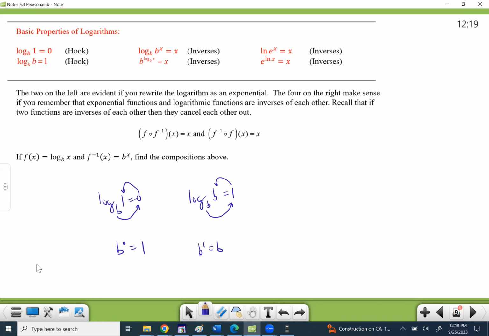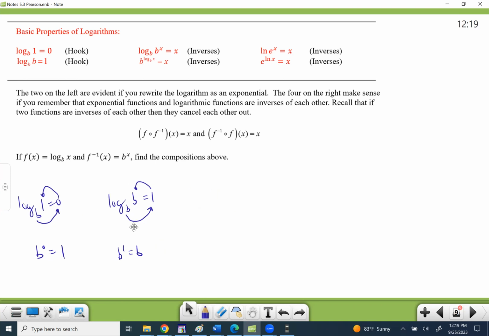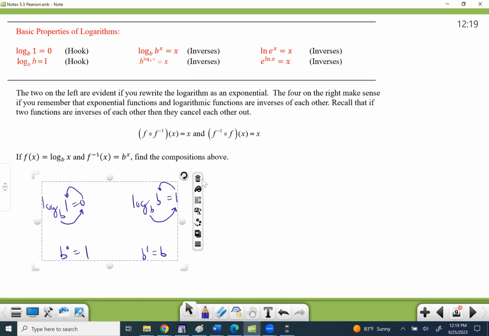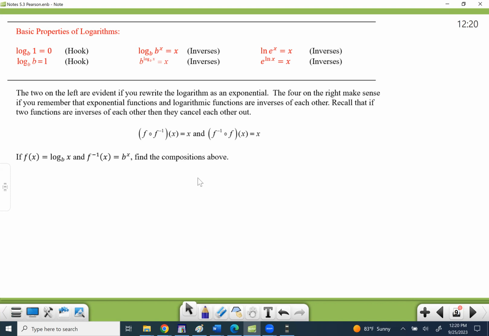Okay. Now these other ones, they say, are from the fact that they're inverses. So let's explore that. Actually, I'm just going to delete this out, okay? Let's read through these, make sure we understand this and go nice and slowly.